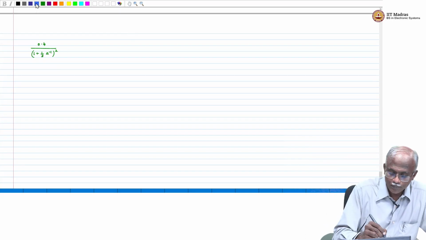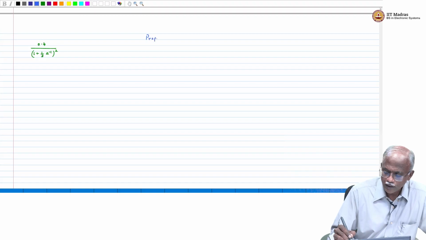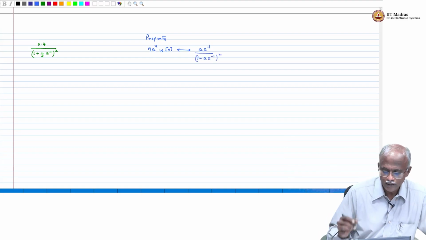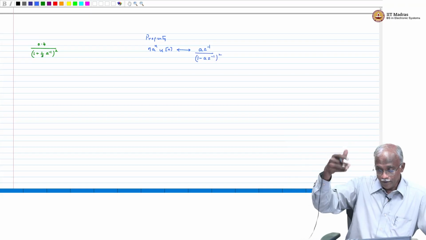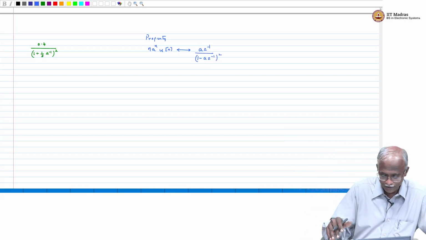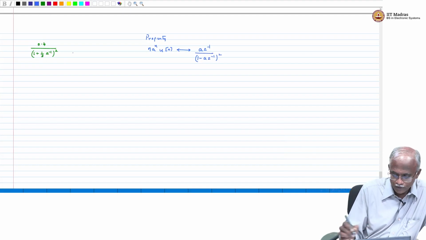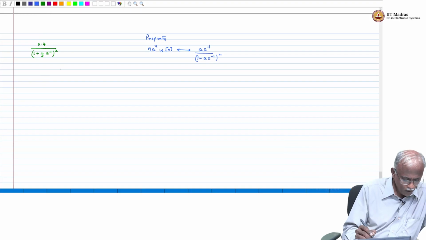The property in the table is given by the result n times a to the n u of n has a z transform given by a z inverse divided by 1 minus a z inverse, the whole squared. So you start with a power n u of n and then differentiate, and you get this particular result. So using this expression, what I would like to do is the following.